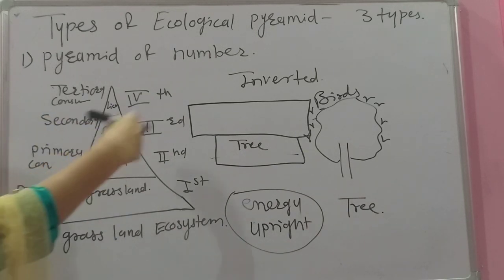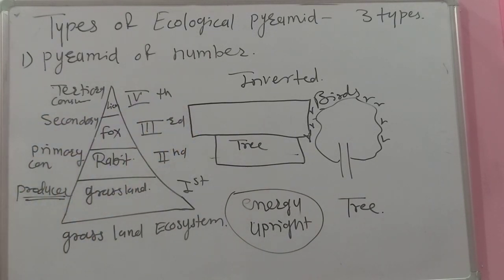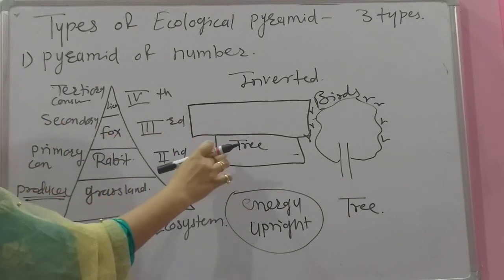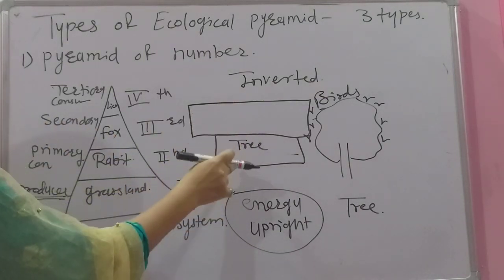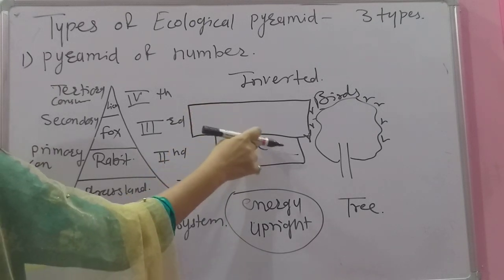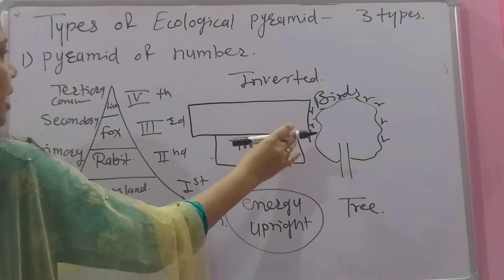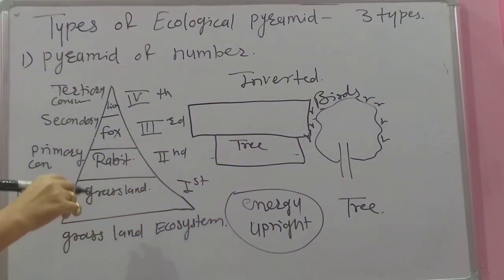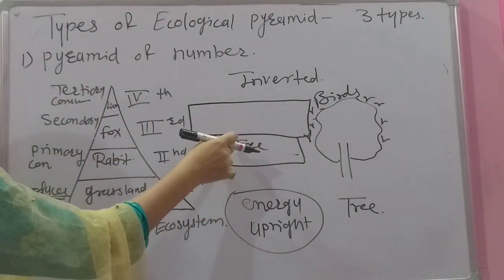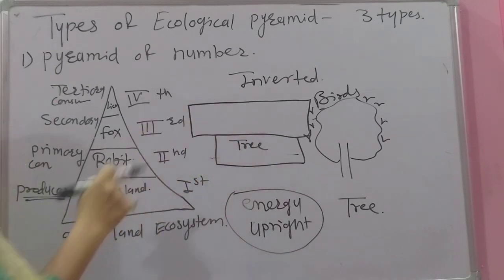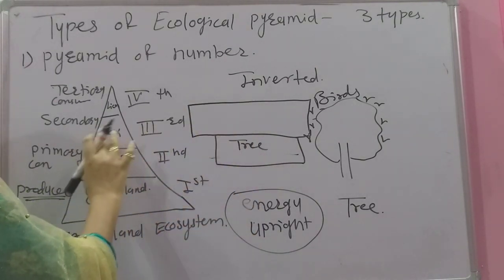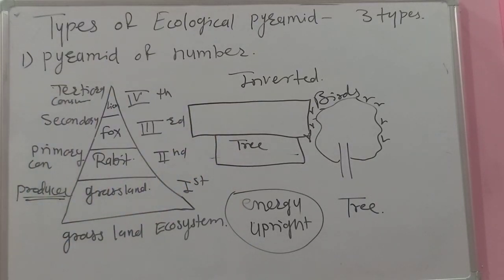In the second example, the tree, the energy is also upright, meaning the birds eat the fruits or the leaves of the tree, and then energy is transferred from the first trophic level to the second trophic level. So the energy is upright in both shapes of the pyramids, but the numbers are different. This is the first type of ecological pyramid, the pyramid of numbers.